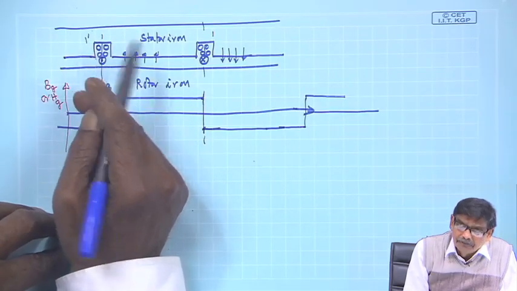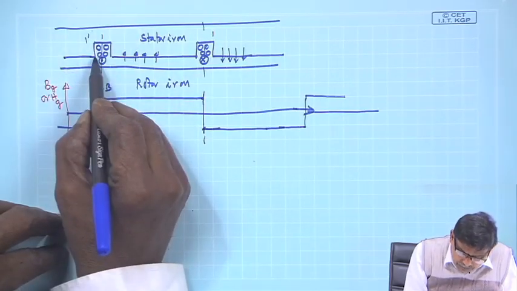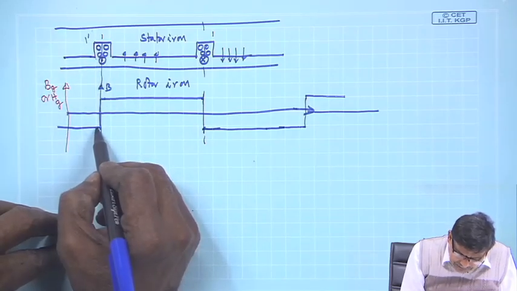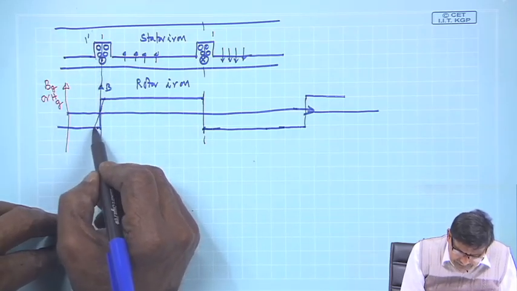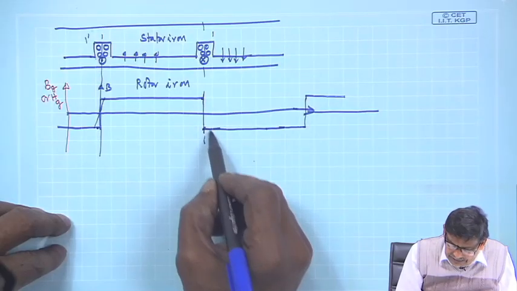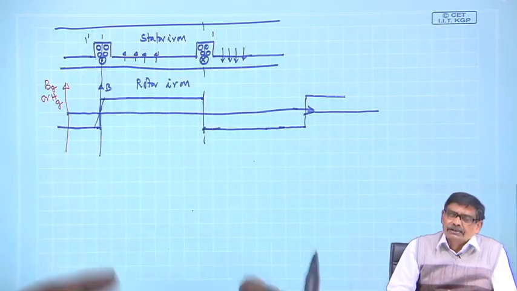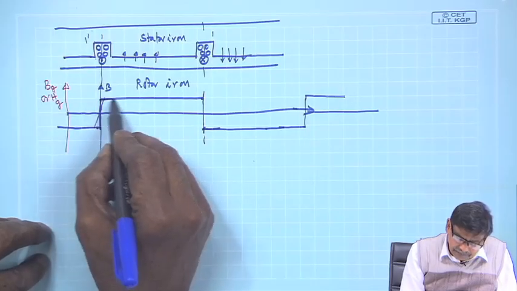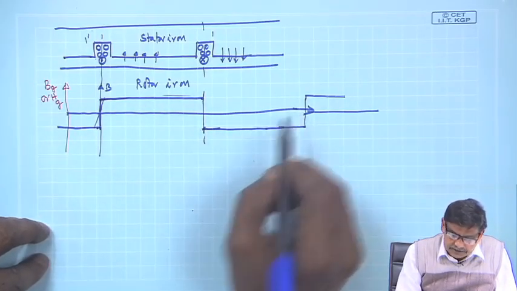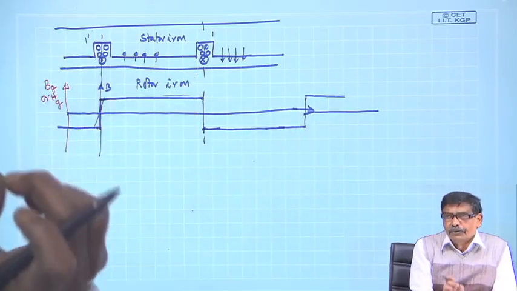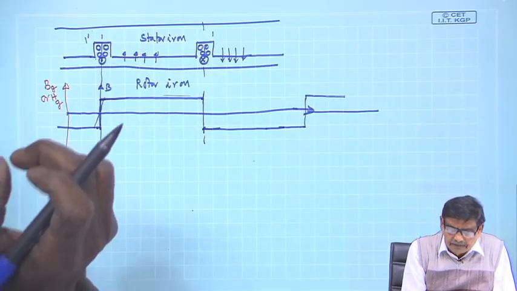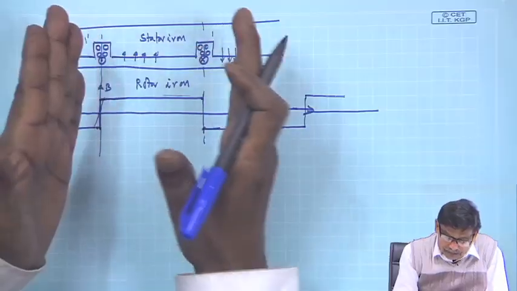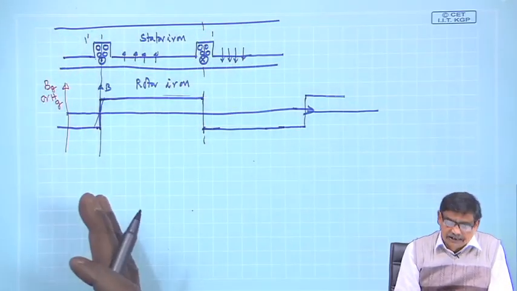One could go into more detail: you go by a small distance, see what current is enclosed, and it will go on increasing, let us assume like this. That linear increase or decrease we neglect, we just say vertical. This is how the B distribution is, because after all the slot width is very small compared to the pole pitch of the machine.